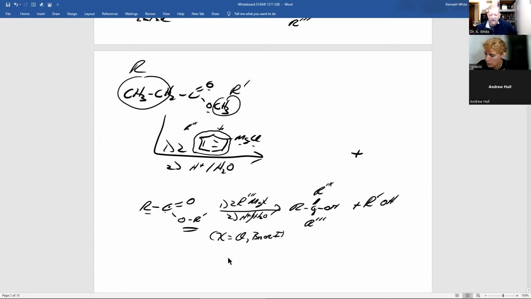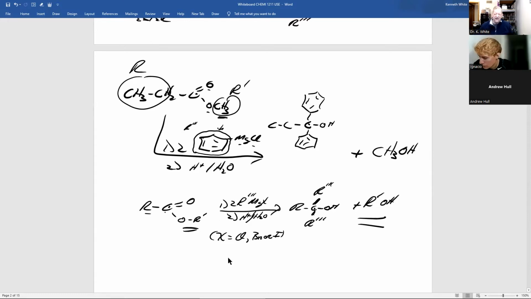Therefore, the first product, the carbon here, is this carbon. What's attached to it? Two carbons, OH. And then the fun part, you'll have two benzene rings. One, two. And then the second alcohol, the R prime, comes from here. And there you go.